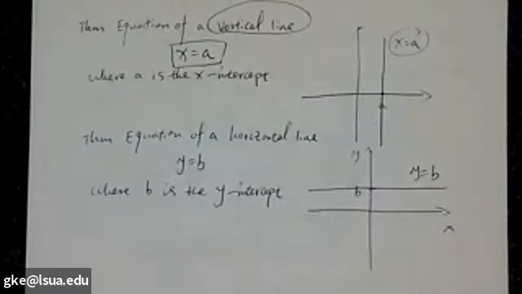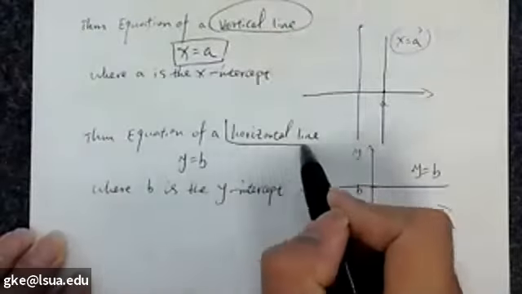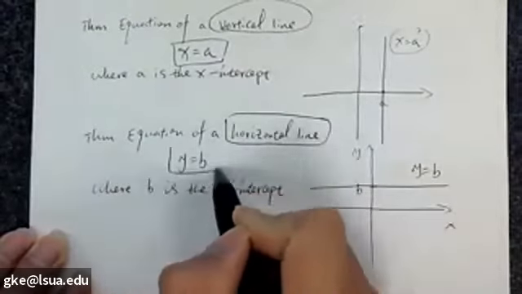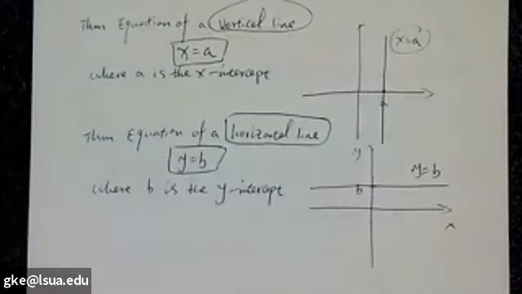Okay, y-intercept. So that's the horizontal line. Okay.